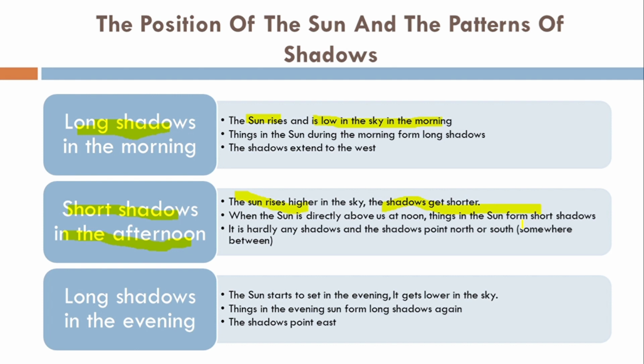Especially when the sun is directly above us at noon, the things in the sun form short shadows. Or probably when the sun is right above us, it is hard to find any shadows, and we almost cannot find our shadows if the sun is really above us.